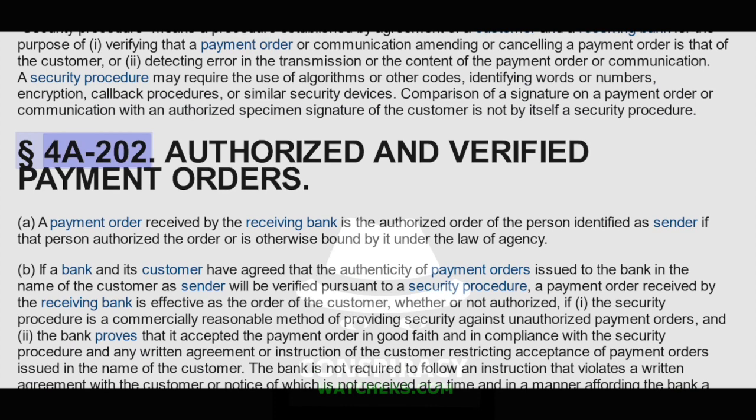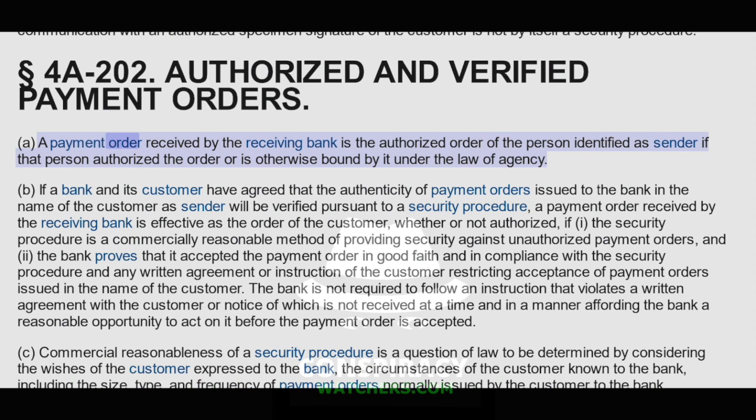Section 4A-202. Authorized and verified payment orders. A payment order received by the receiving bank is the authorized order of the person identified as sender if that person authorized the order or is otherwise bound by it under the law of agency.